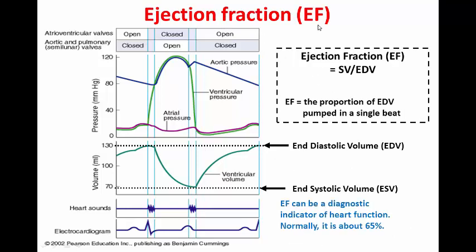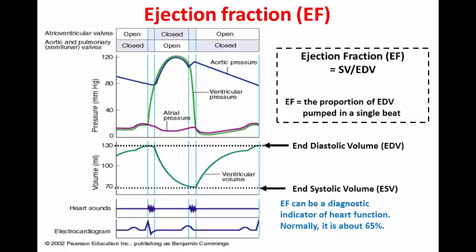The ejection fraction is the stroke volume divided by the end diastolic volume multiplied by 100. So it is the percentage of the blood which is ejected. It is the percentage of the end diastolic volume which is ejected in one beat.